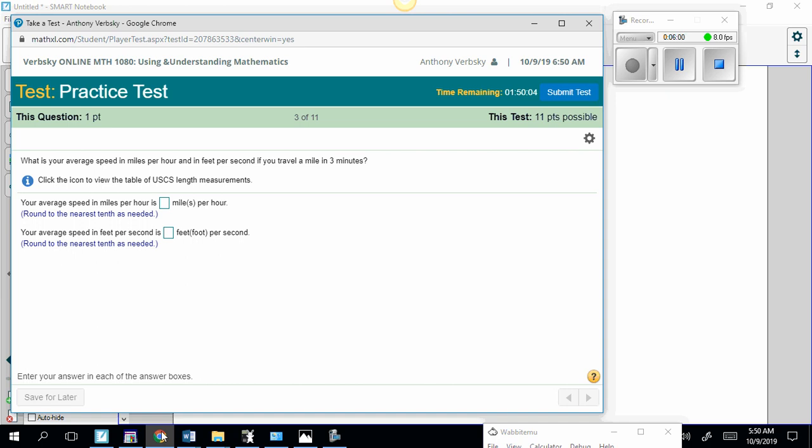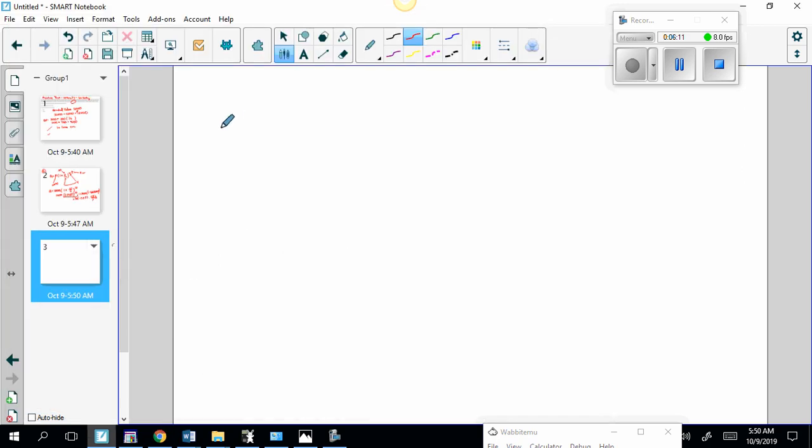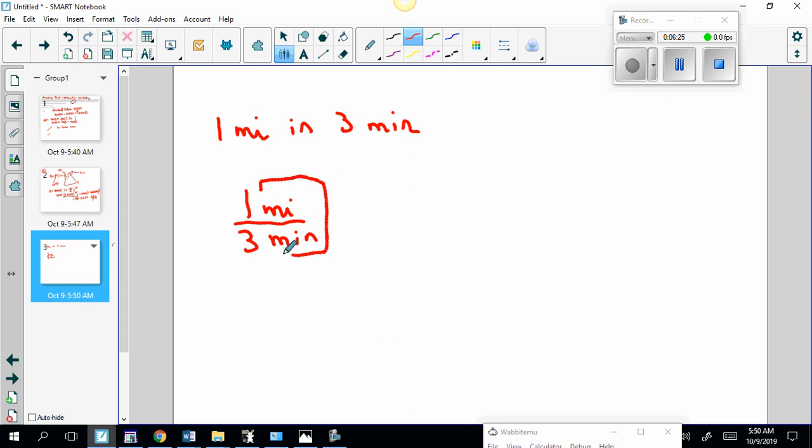So your average speed in miles per hour and feet per second. Okay, so we gotta go miles per hour, feet per second. Travel 1 mile in 3 minutes. I got this. So I write 1 mile, 3 minutes. Currently my units are in miles per minute.